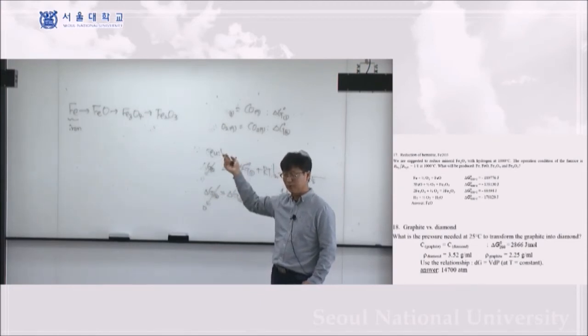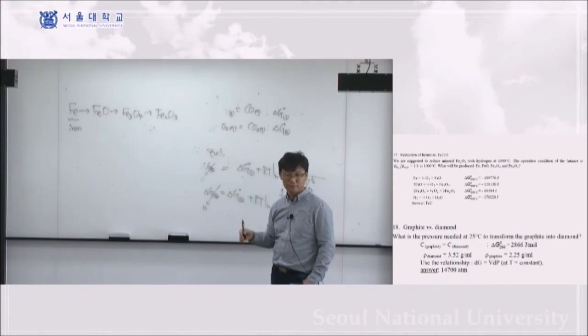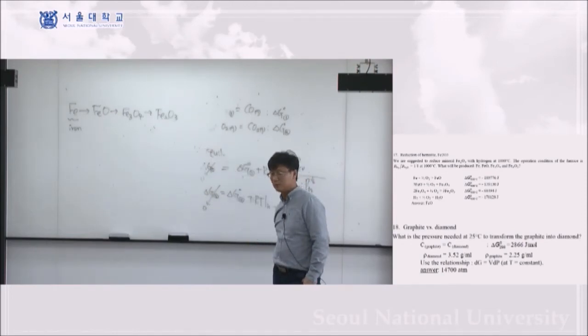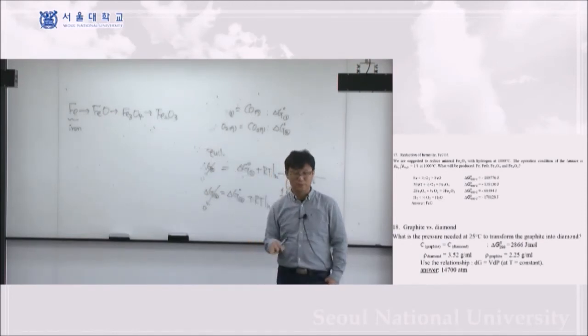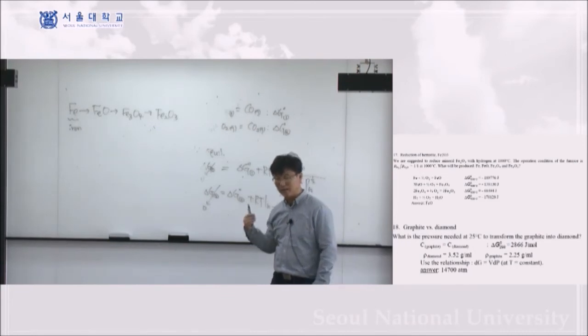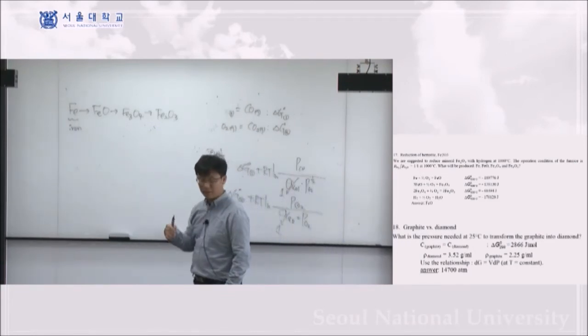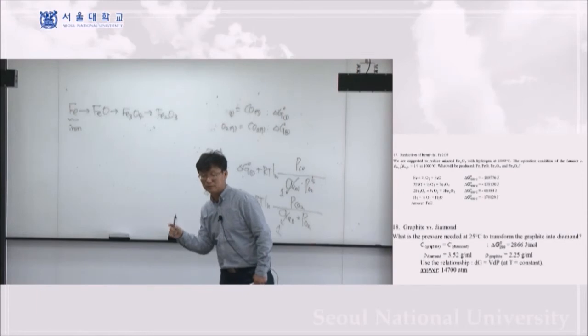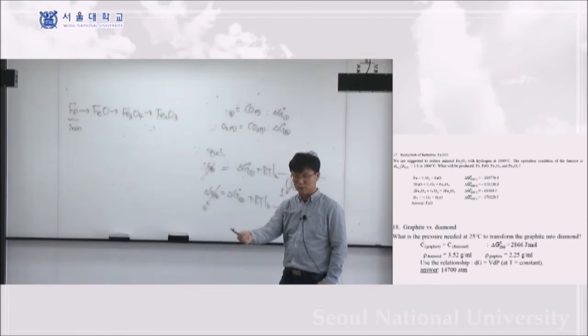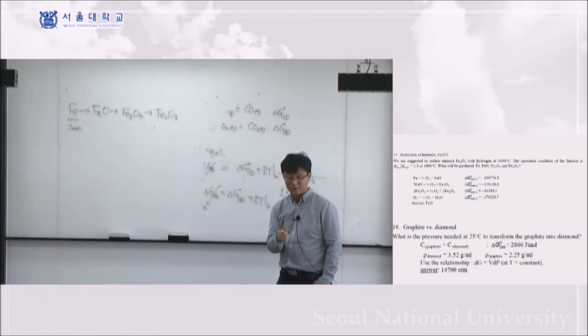And if you heat it up further, BCC becomes liquid iron at around 1550 degrees Celsius. So BCC, FCC, BCC. And when iron is in the BCC state, below about 500 degrees Celsius, it has a magnetic property. So when you put a magnet, it sticks in the BCC state, not in the FCC state.